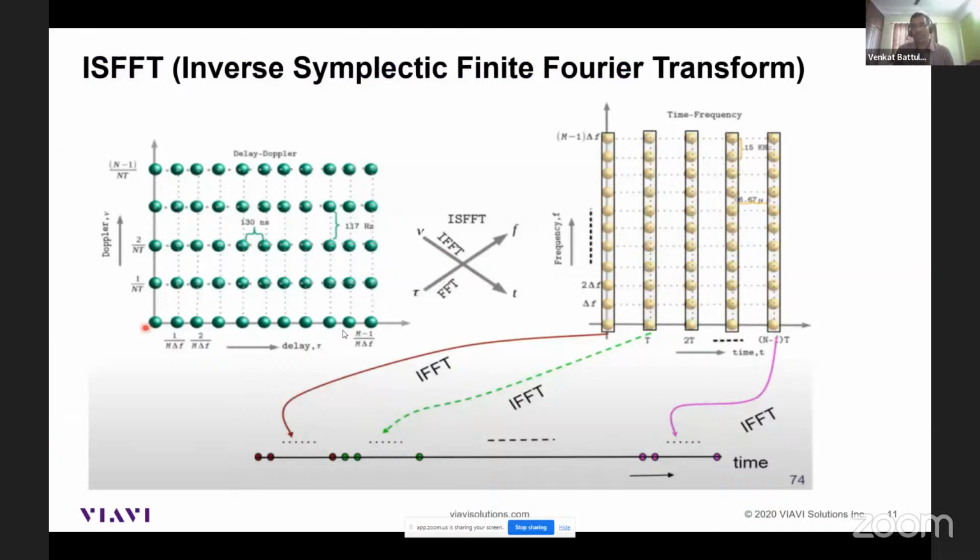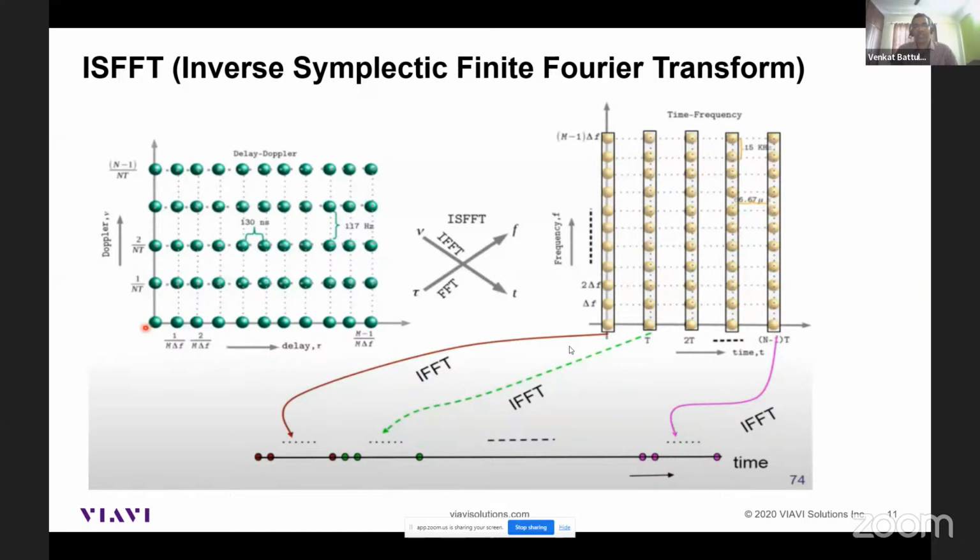So what is ISFFT? It's a big area, so again we'll start from the bottom. At the bottom is your transmitted signal, and then the frequency-time domain signal, which is your OFDM, converted to the time domain. That's one step, then a second step, and if you go to the one on the left-hand side, that's where your ISFFT comes into the picture.